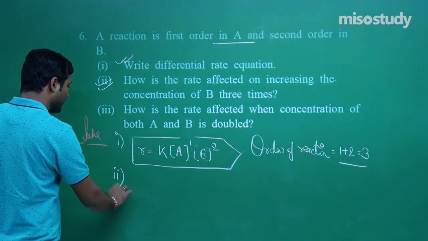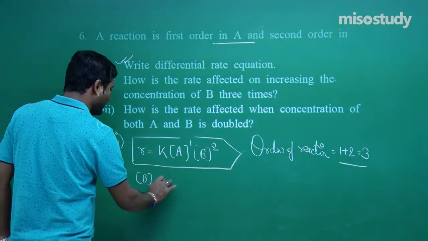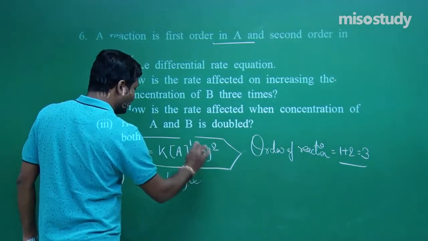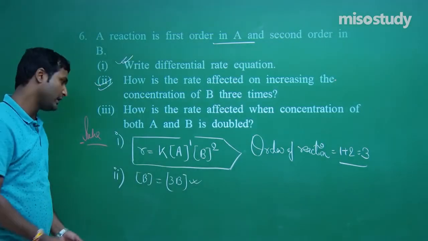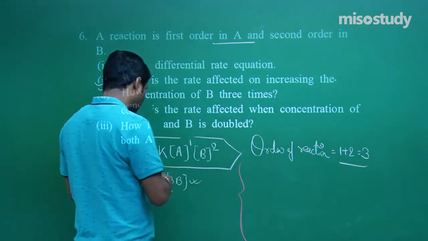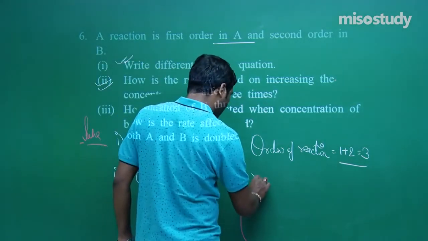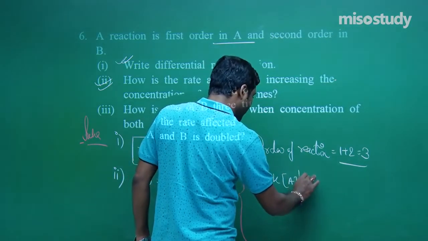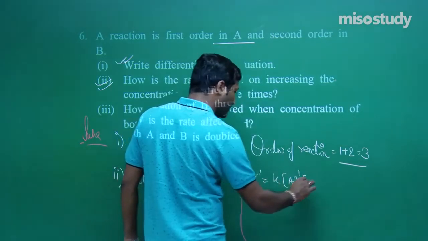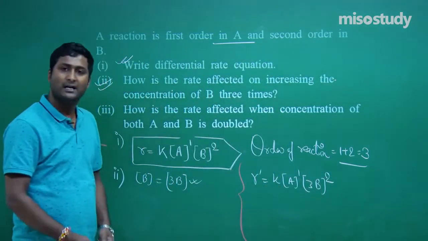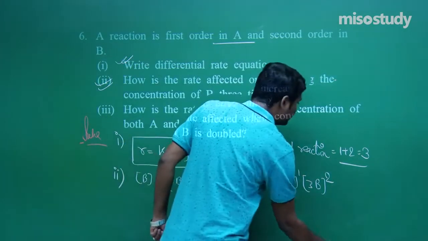The second part is given, concentration of B changes to 3B. Now what will happen? What is the new rate? As we know, R is equal to K A to the power 1, and now for B we can put R dash is equal to 3B to the power 2. Am I right? Yes sir, you are absolutely right.